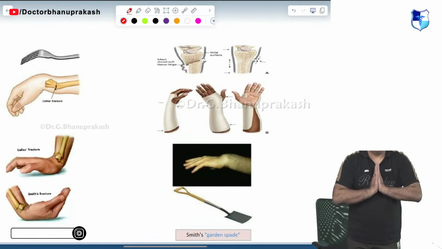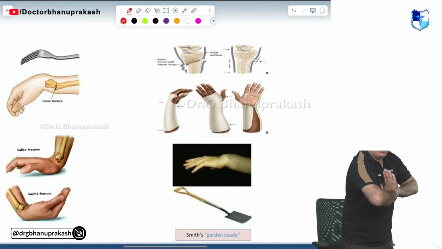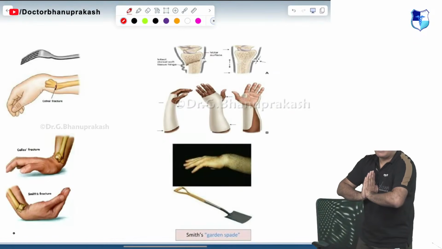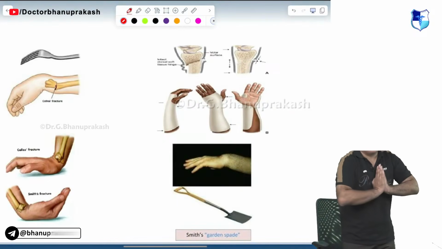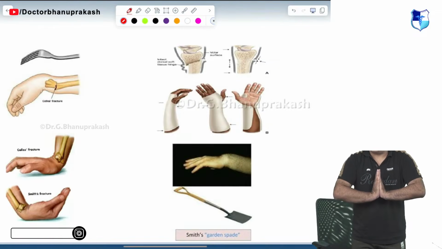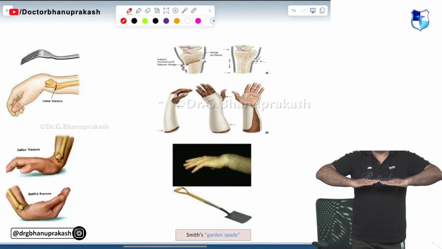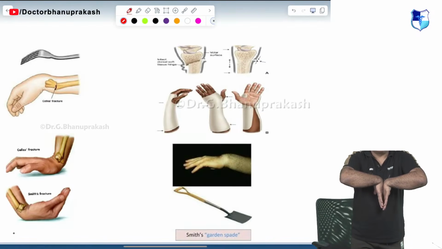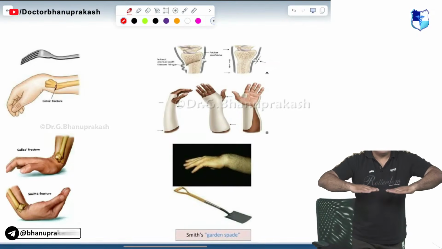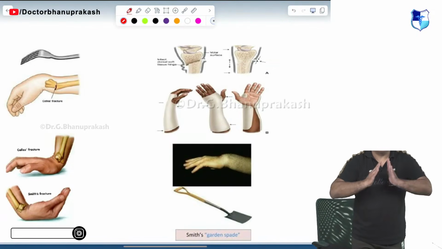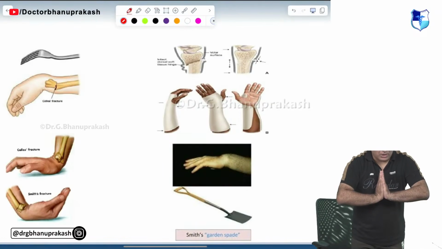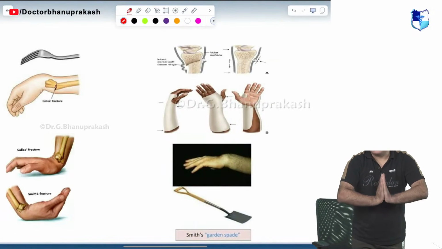Neutral, extension, also called dorsiflexion. Neutral, flexion, palmar flexion. Neutral, extension, dorsiflexion.